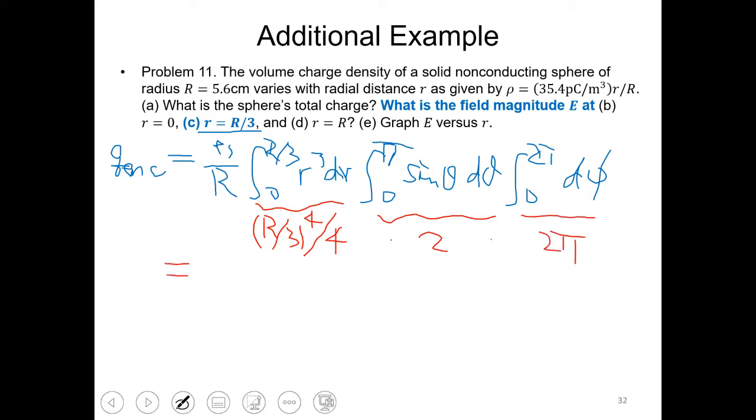Finally it becomes rho S over 81, because the 4 and these two can be cancelled, so it would be 81 pi r to the 4th power.